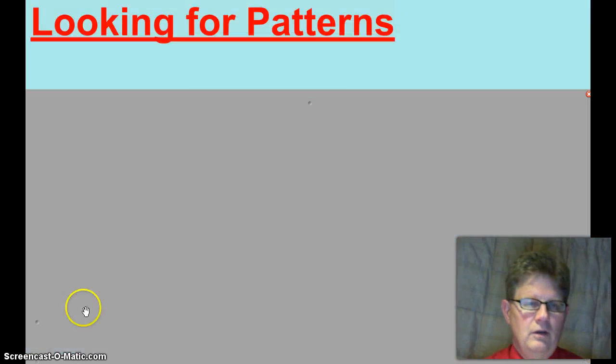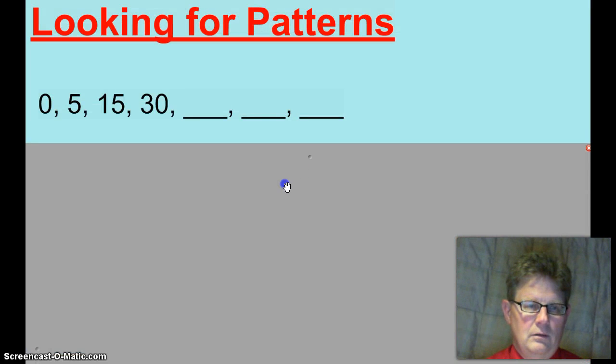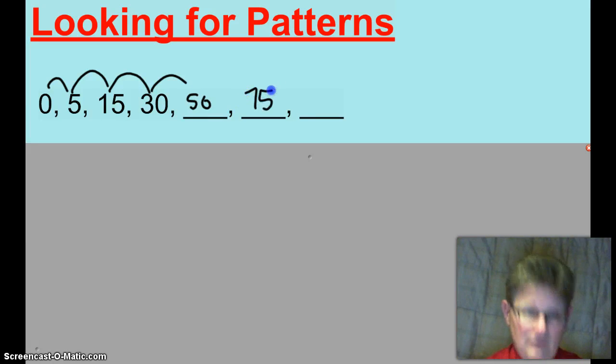Alright, here you go. Here's something that you'll have a little bit more difficulty with. Do you see it? Okay, it was increasing by 5, then it increases by 10, then by 15, then by 20, then by 25, then by 30.